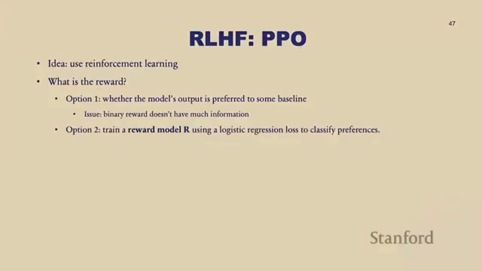So option two is that you can train what we call a reward model, which is simply a classifier. You use machine learning to classify how much better two outputs are from the perspective of the human.